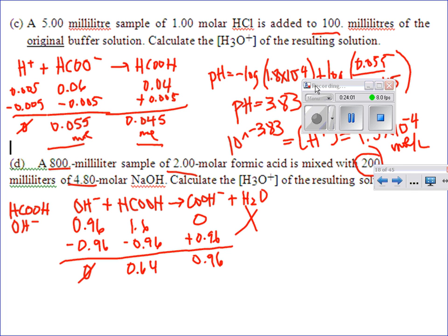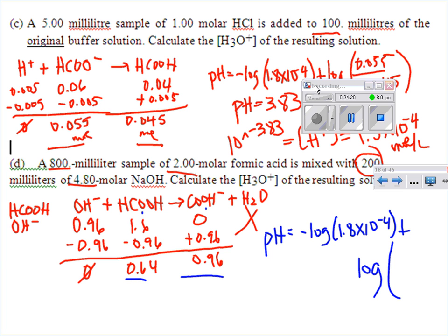Okay, so what are we going to use since we made a buffer? Henderson-Hasselbalch, the pH version, since it's an acid conjugate base situation. Negative log of 1.8 times 10 to the negative fourth plus the log, what's the concentration of the ion? 0.96. It's not really concentration, but we're allowed to use it because it's really moles. Don't forget that. This is just an exception with this equation.